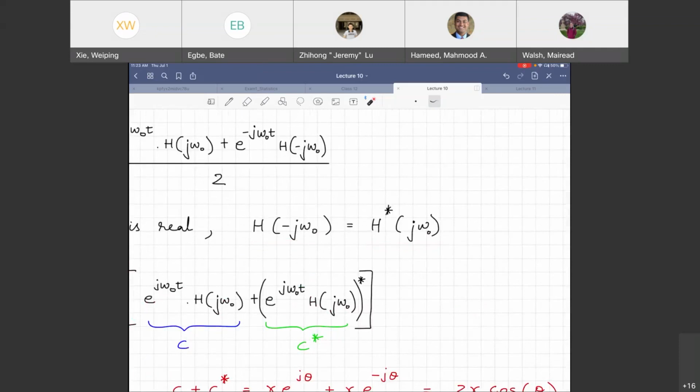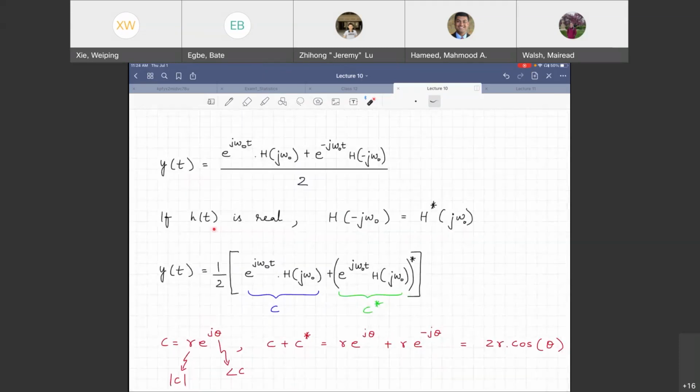If a signal is real, the conjugate property says a sub k equals a sub minus k conjugate, right? The same property, when you apply it to continuous frequencies instead of the discrete case, you get this. H conjugate of j omega naught is the same as H of minus j omega naught. Now, if h of t is real, only then you can say that.